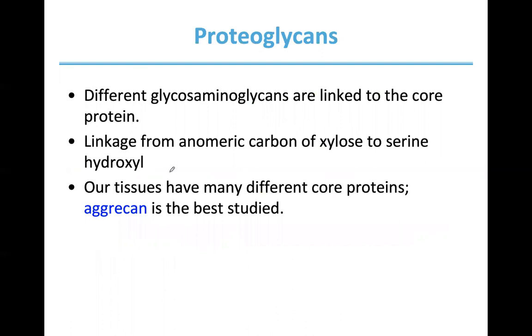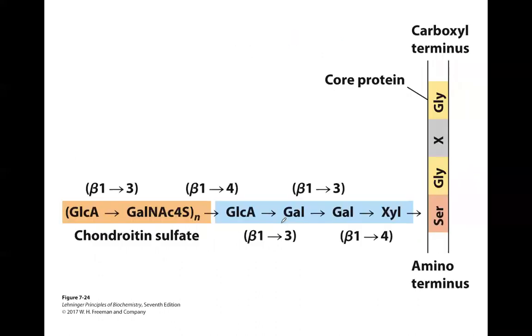So different glycosaminoglycans are linked to the core protein. How are these linked? Let's look. This will be our core protein, let's say syndecan, which crosses the cell membrane. On the outside, it will have this serine.